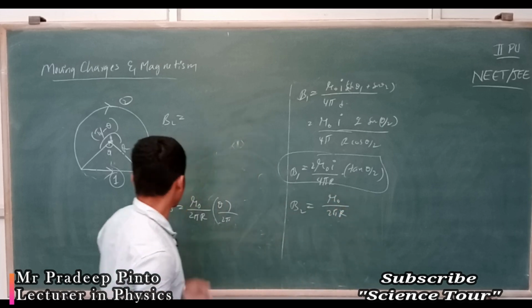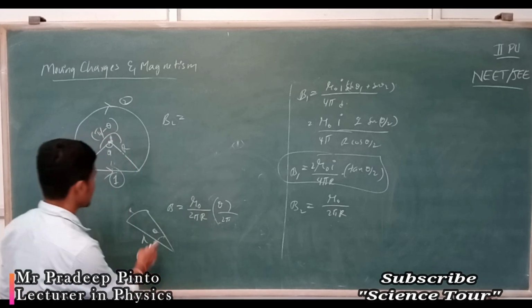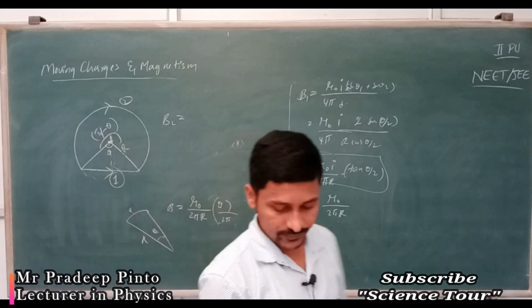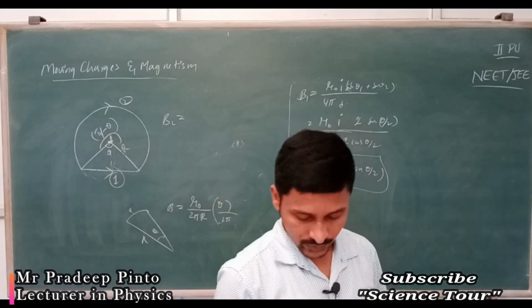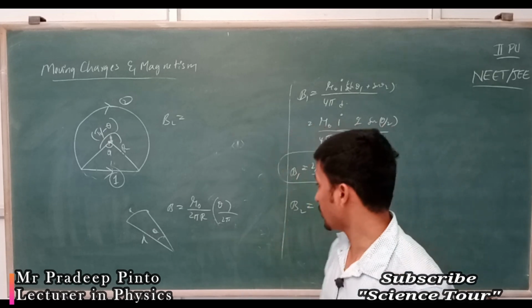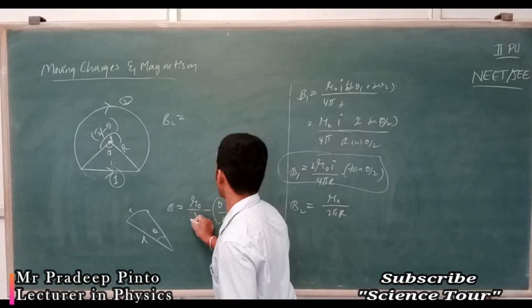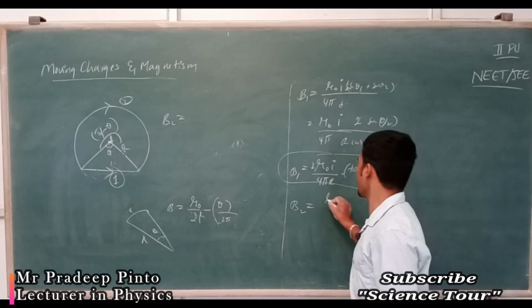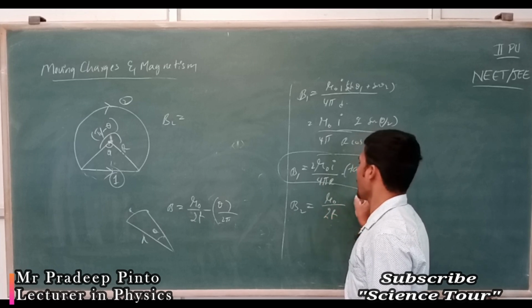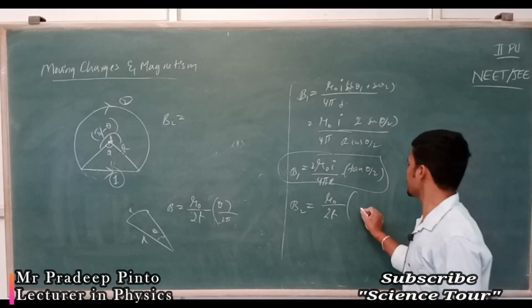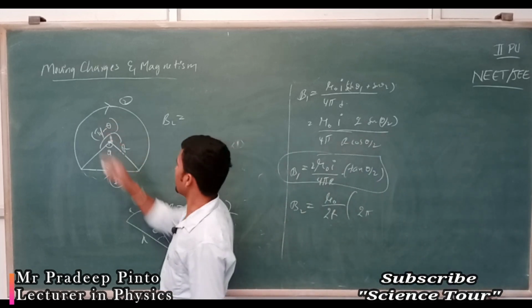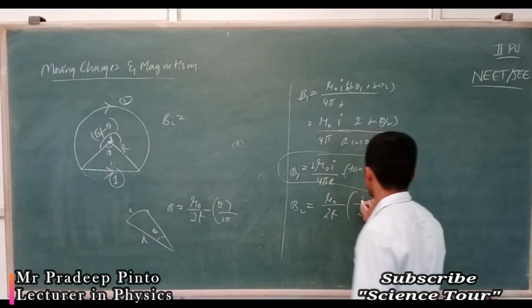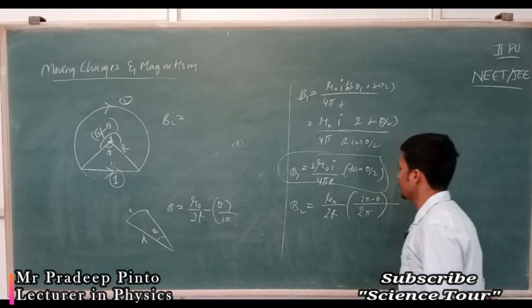Now don't think which formula this is, go and search for the half circle we have done. After that for this general case we have done, that is mu naught by 2 r, out of 2 pi into theta, right? The same thing we are going to write down, mu naught divided by 2 r out of 2 pi, where here it is 2 pi minus theta covered, isn't it?